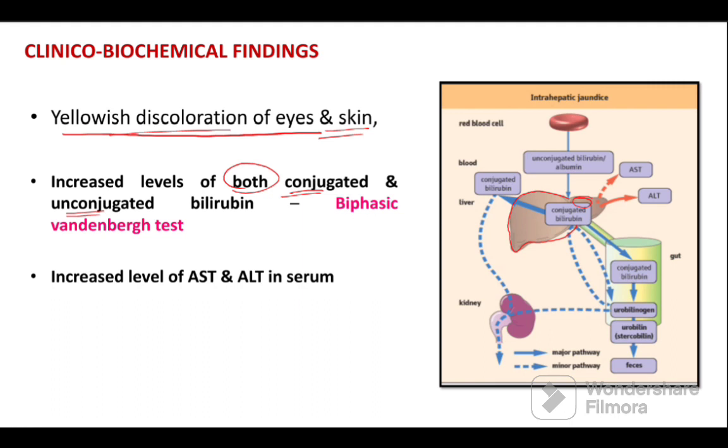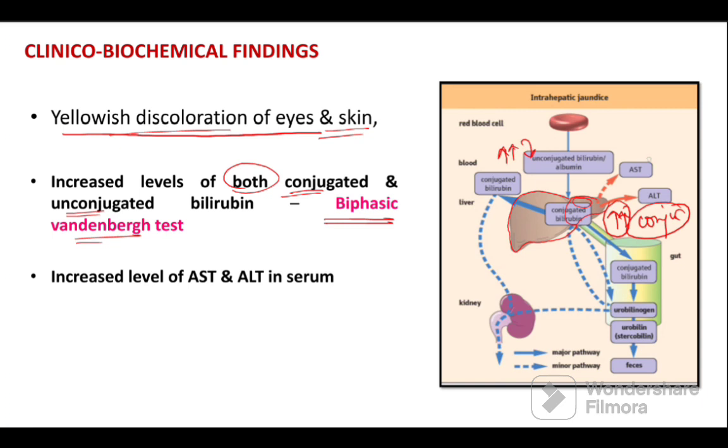That damaged liver will not be able to conjugate the bilirubin, so there will be an increase in unconjugated bilirubin, whereas some part of the liver will be functioning normally, so there will be an increase in conjugated bilirubin. As a result, the combination of both conjugated and unconjugated bilirubin in serum will give a biphasic Van den Bergh test positive.